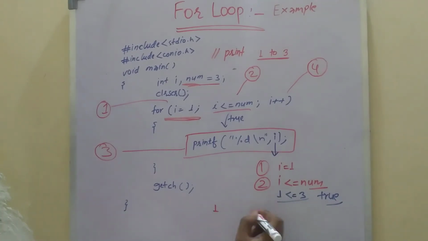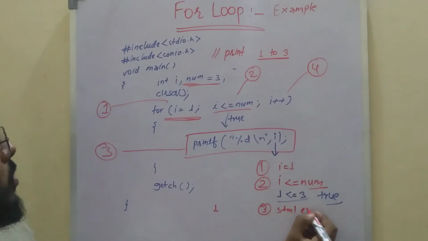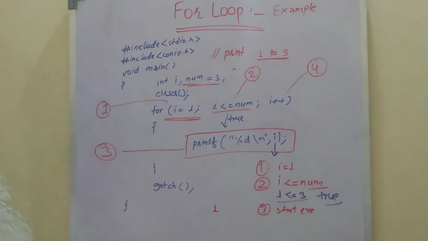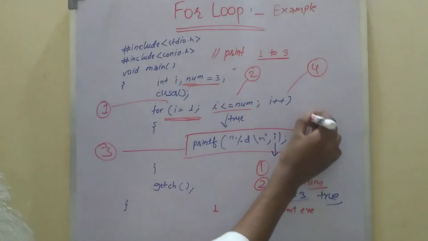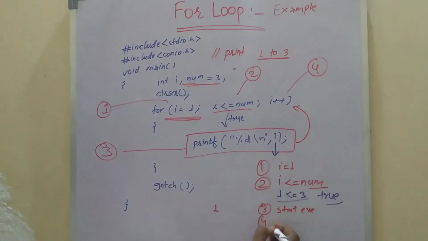So the third step, the statement execution, is complete. Now the fourth step is increment or decrement. Based on the requirement, I'm increasing the number from 1 to 3, so I'm using the increment operator, i plus plus.